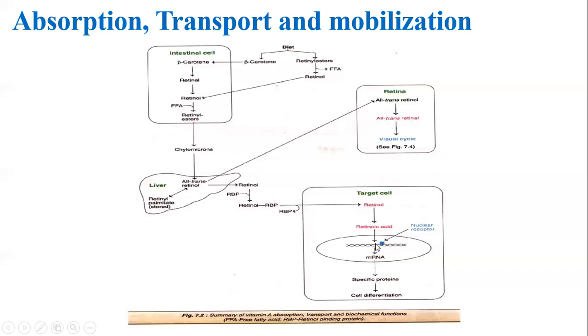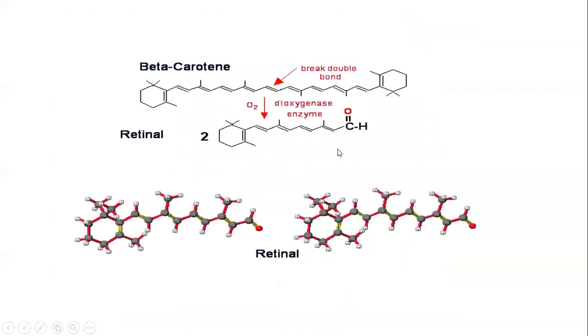After transcription, the genetic material changes into mRNA, and this mRNA undergoes the process of translation and forms a specific protein, and these specific proteins help in differentiation and perform a specific function. So this is the absorption, transport, and mobilization of vitamin A.